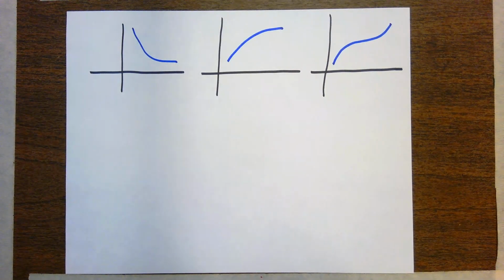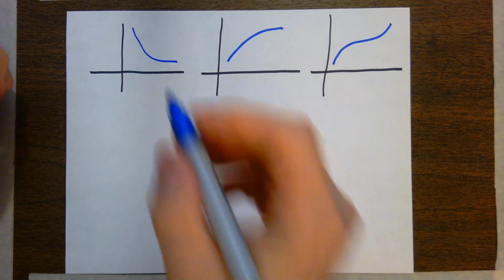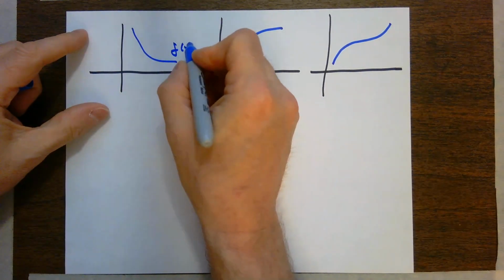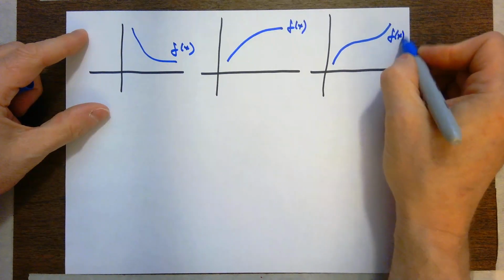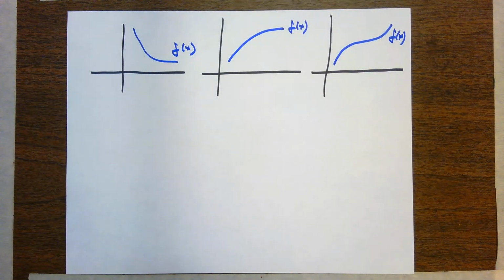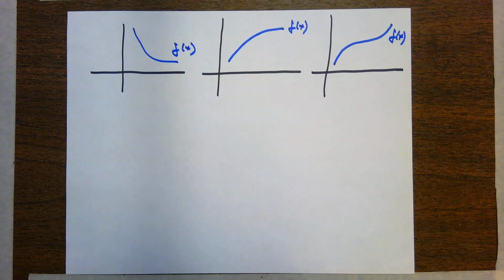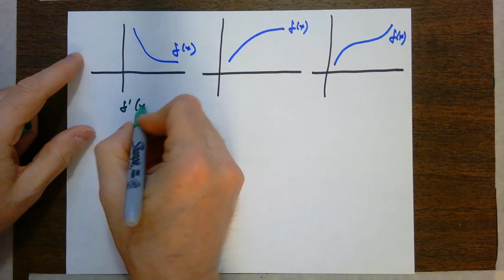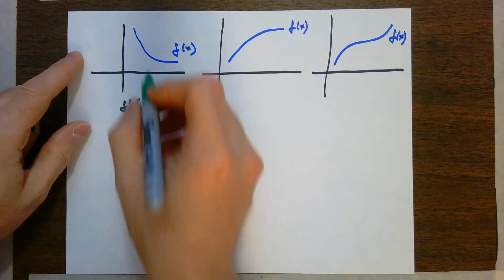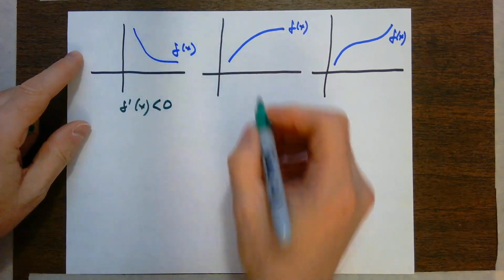And what can I tell about these different functions? These are all functions. What can I tell about the first derivative and the second derivative? Well, here, the first derivative, the tangent lines would all be negatively sloped.